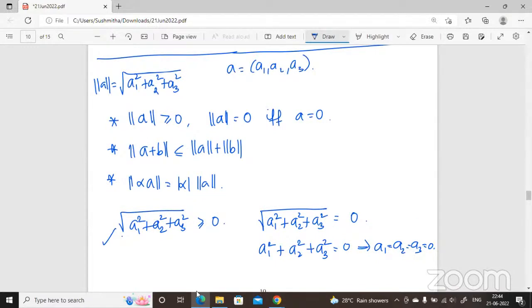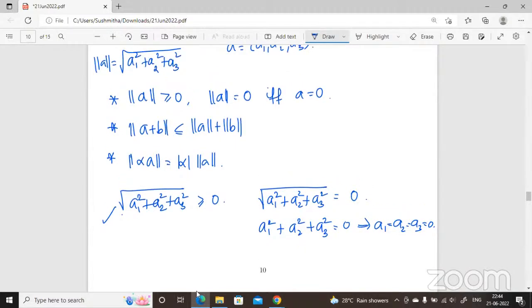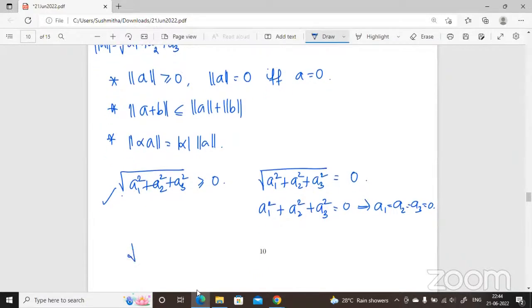Naturally, yes, because of the triangle inequality that we have for numbers, this condition is naturally satisfied, right? Ma'am, here then we will take A1, A2, A3, all the 3 values, less than or equal to mod A plus mod B, like that we will say.